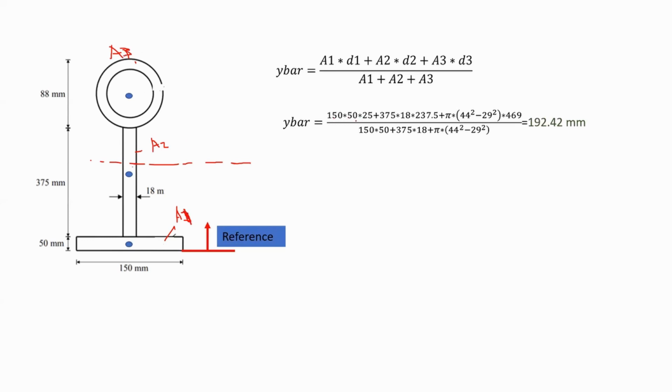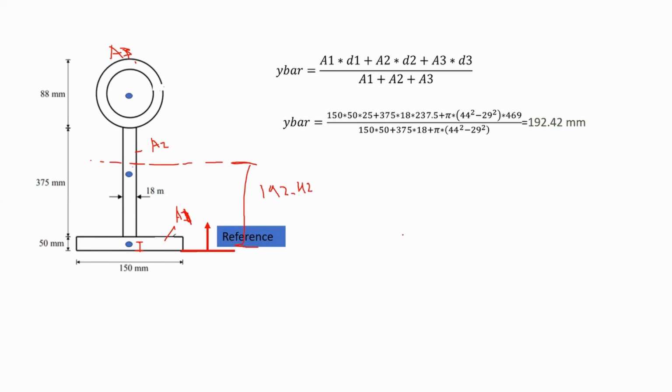So 150 by 50, that's the area, multiplied by the distance from my reference. I'm taking this reference, the bottom, 25. You continue and you find the whole Y bar at the end for this whole section. And it appears that the location of the axis is going to be at 192.42 from the bottom. So the distance from here to the centroid is 192.42.